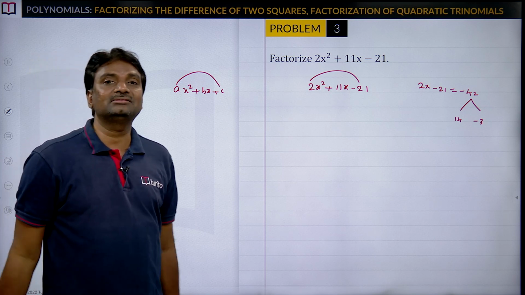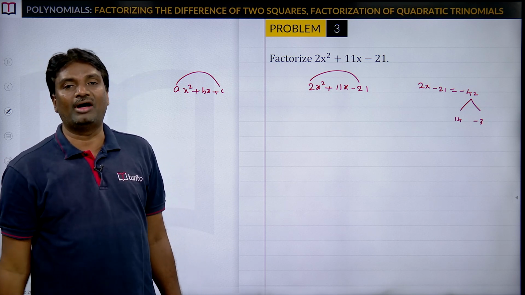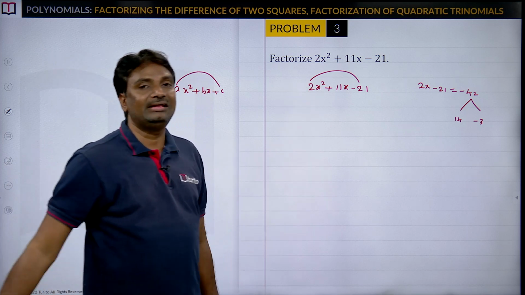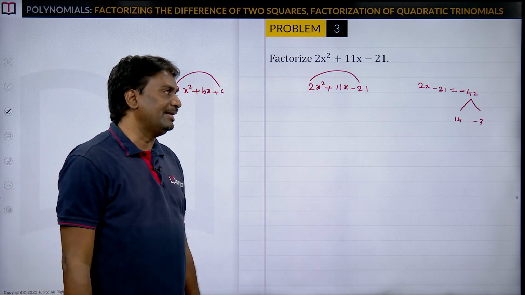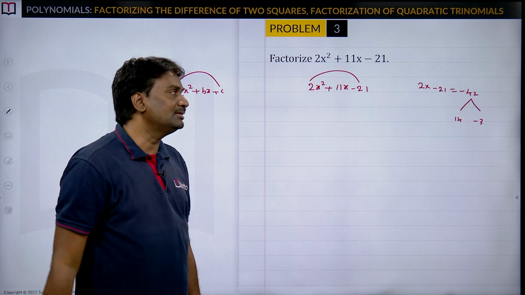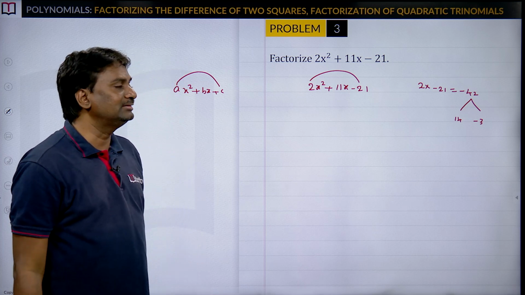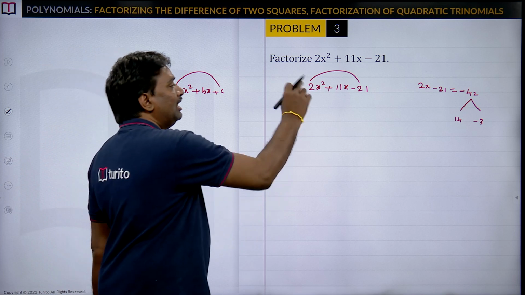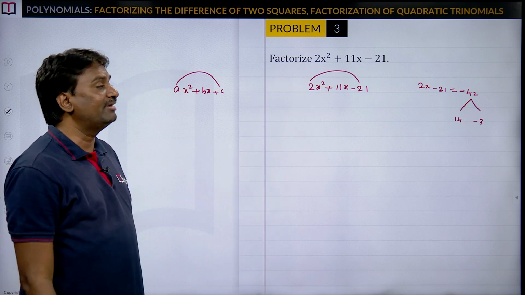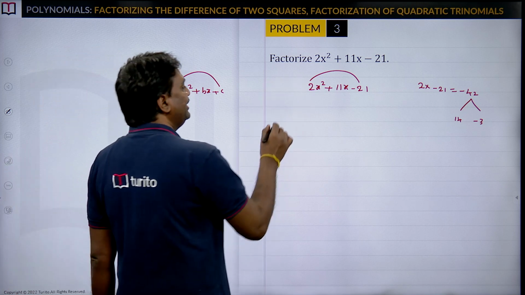But by taking the sum of 7 and minus 6 you will get 1, and here the middle term is 11. So, according to the middle term 11, you can consider the factors of minus 42 as 14 and minus 3. Now, we can write the middle term 11x as 14x minus 3x.